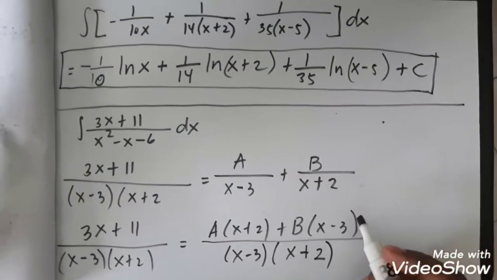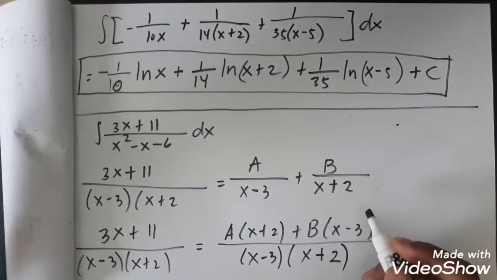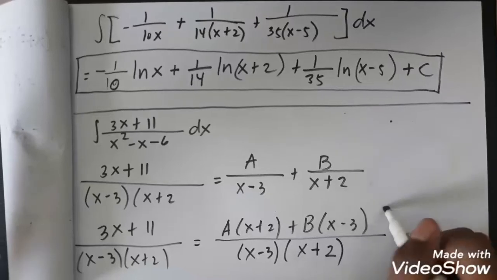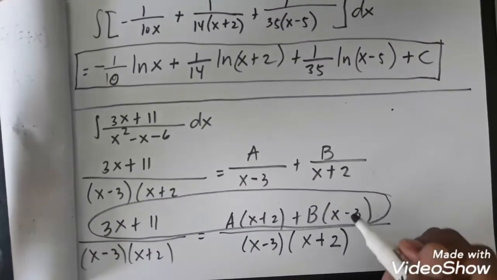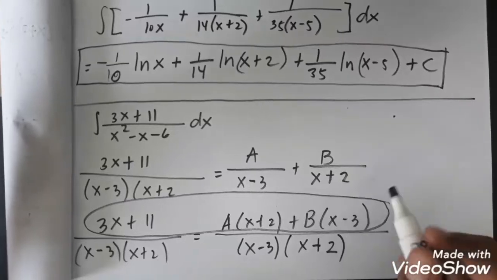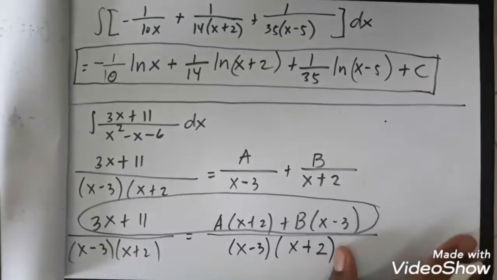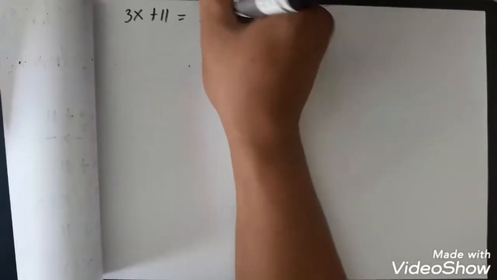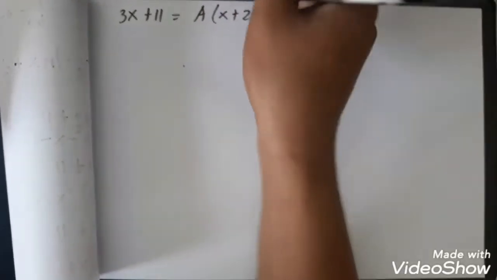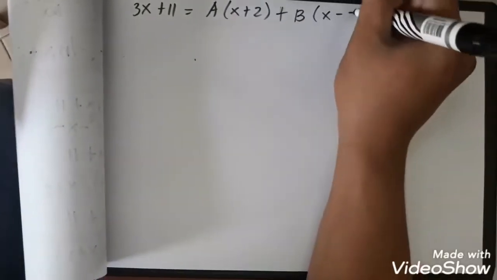We need to choose A and B so that the numerators of these two are equal for every x. To do this, we'll set the numerators equal. So 3x plus 11 is equal to A(x plus 2) plus B(x minus 3).